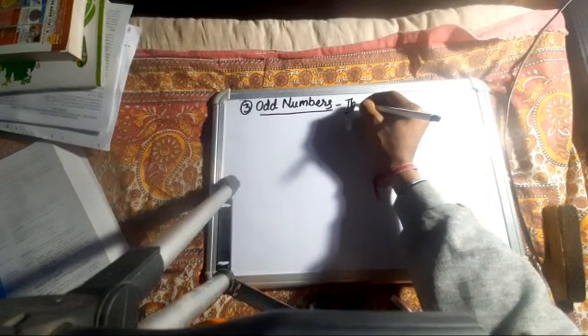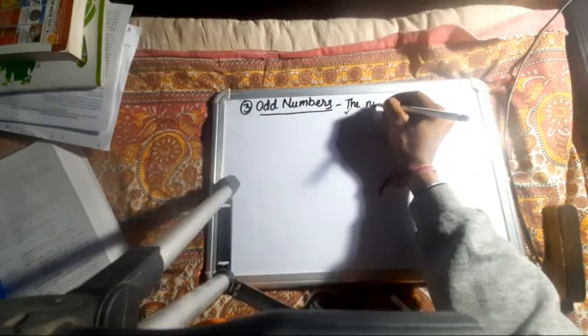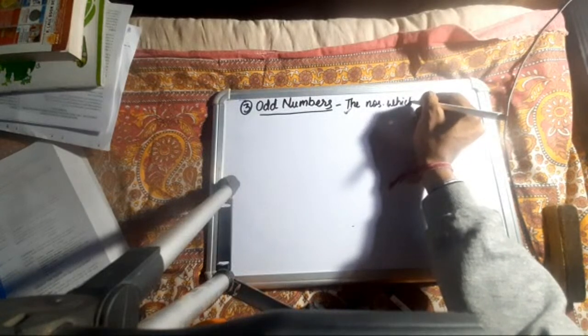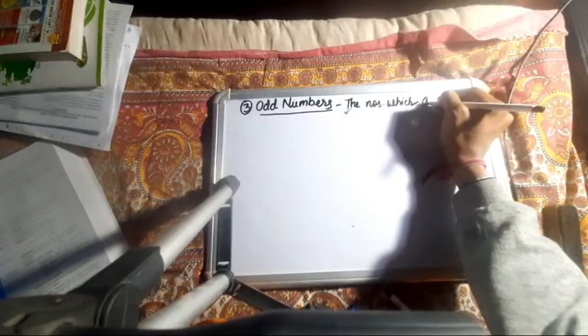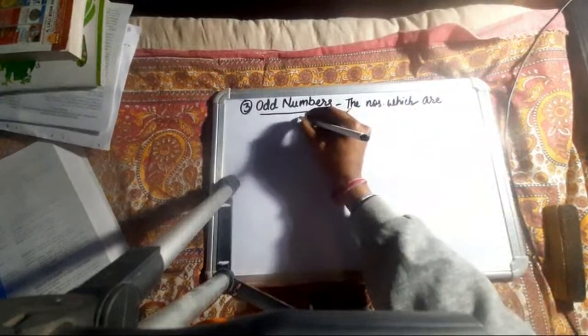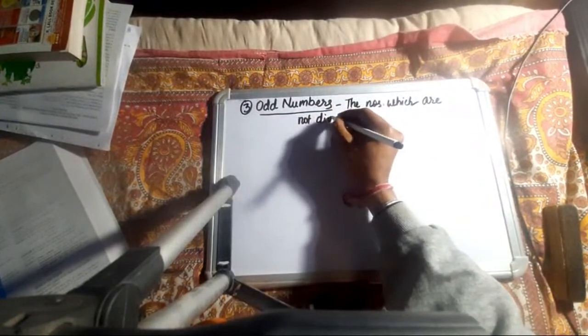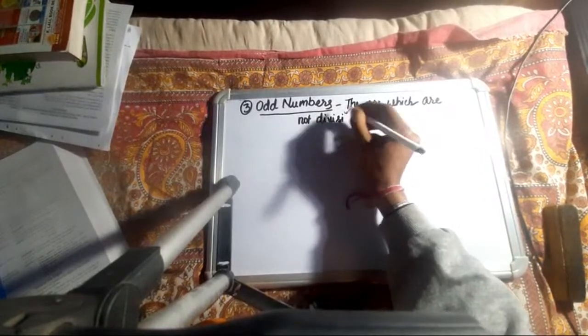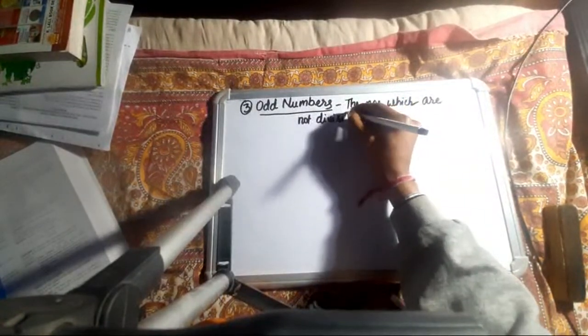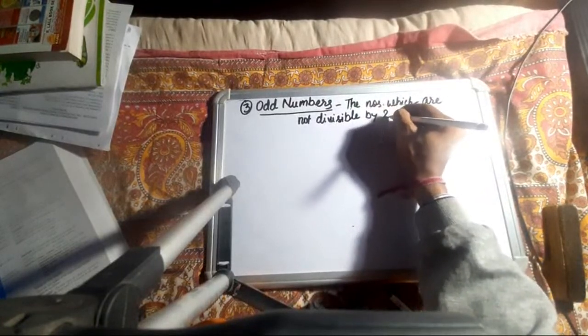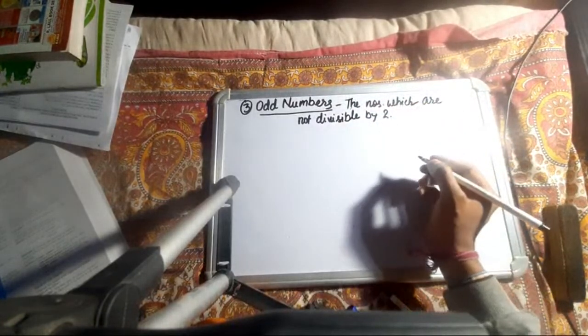The numbers which are not divisible by 2 are called odd numbers.